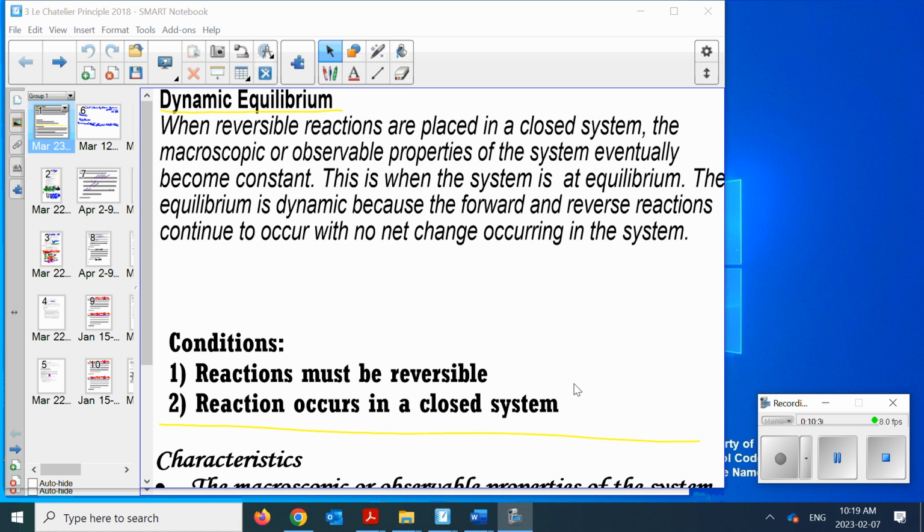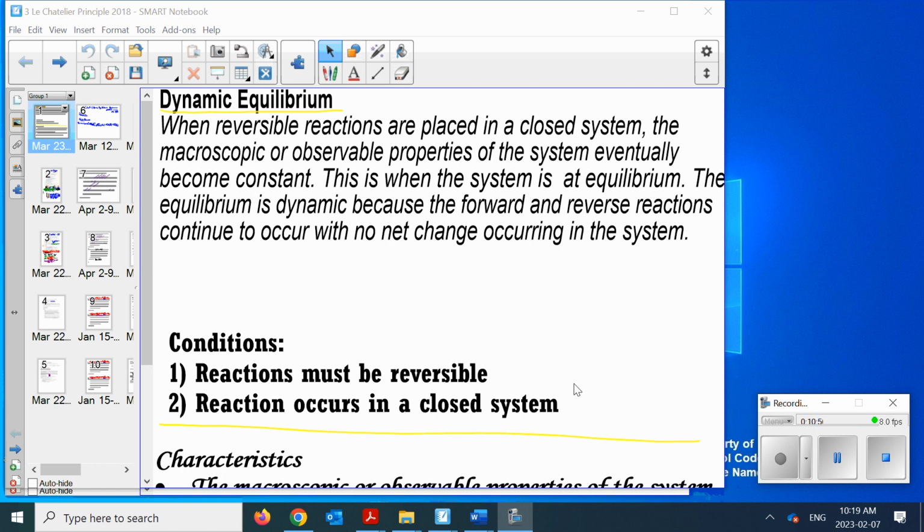So that was the color of the red in the reaction that we saw first day or second day. This is when the system is at equilibrium, no changes. It's noticeable. Equilibrium is dynamic because the forward and reverse reactions occur with no net change occurring in the system. You've got to get that in your head. What's equilibrium? Forward and reverse reaction rates.